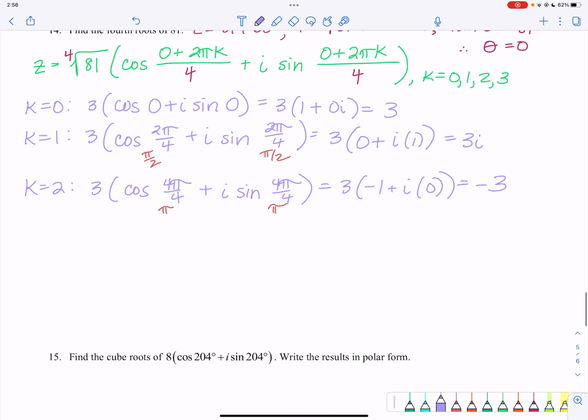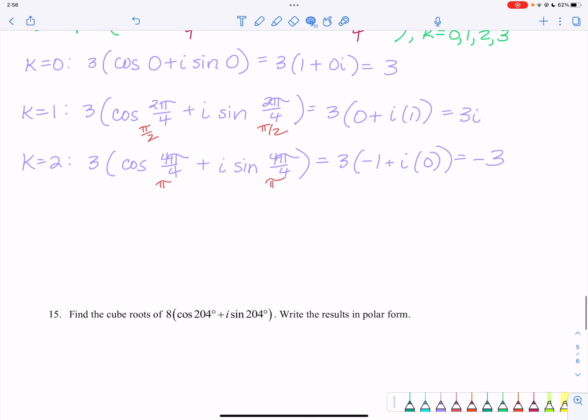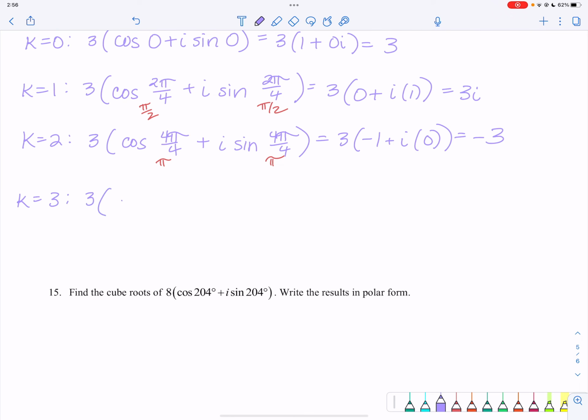Let's try k equal to 3. See if I can move these down just a bit, give you a little room. So now we have k equal to 3, and we have 3 times the cosine of 6 pi over 4 plus I sine of 6 pi over 4. And again, we have 3 pi over 2.